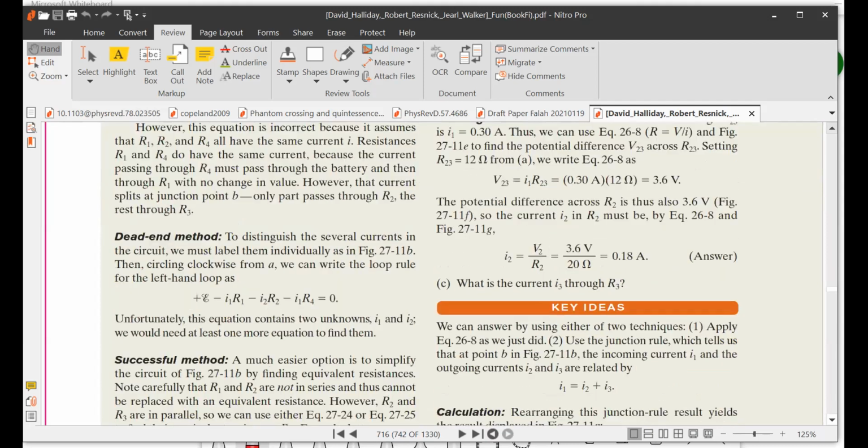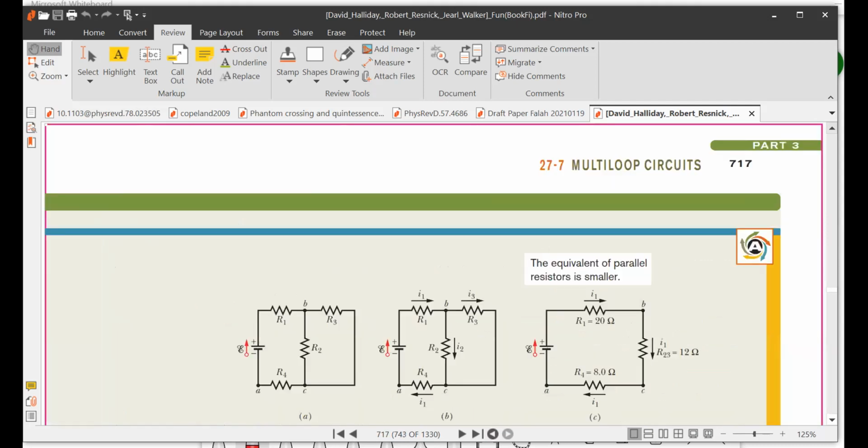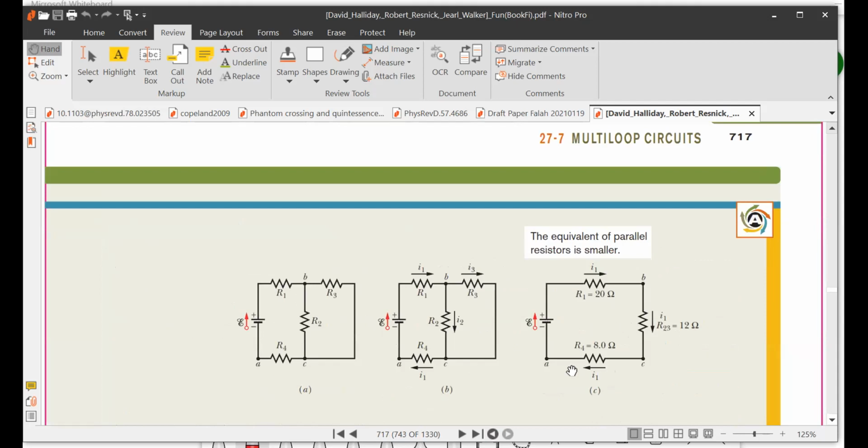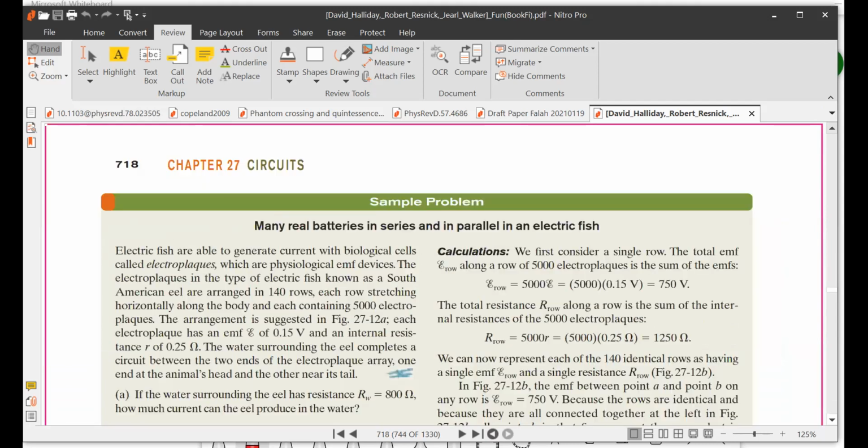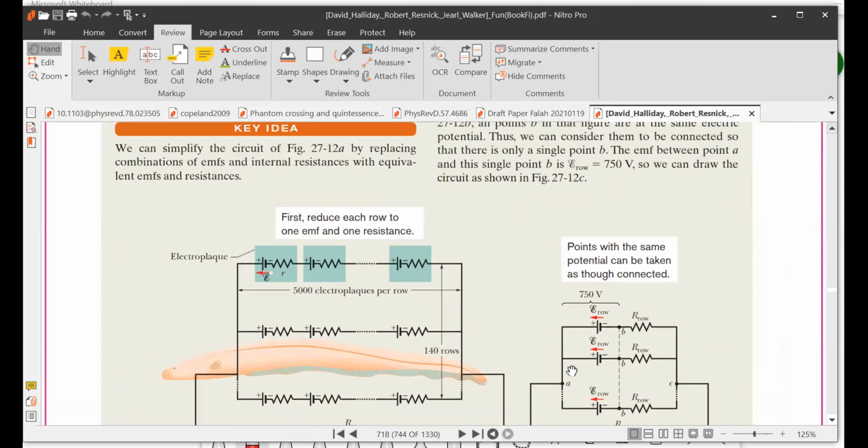Okay. Let's go to the example. This is not really complicated.